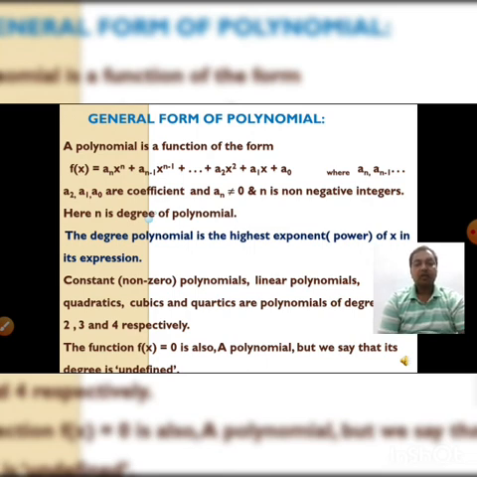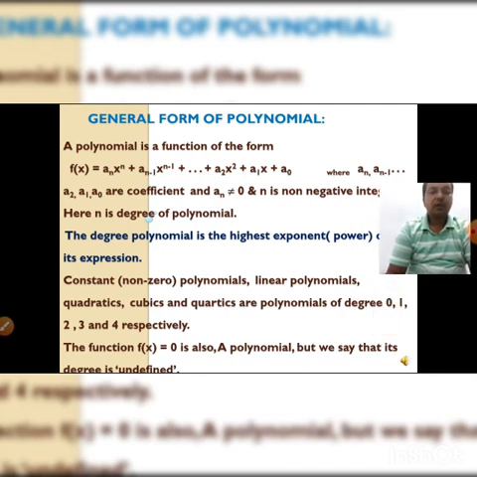Some other examples of polynomials by degree: constant polynomials, linear polynomials, quadratic polynomials, cubic polynomials, and quartic polynomials are polynomials of degree 0, 1, 2, 3 and 4 respectively.